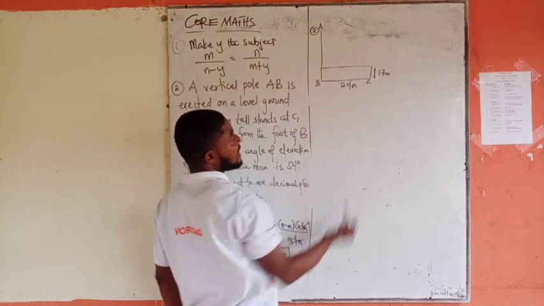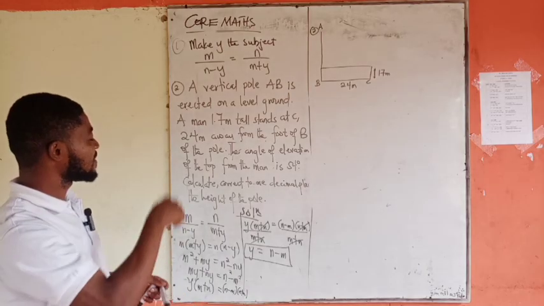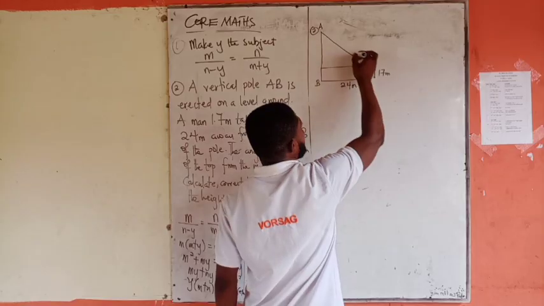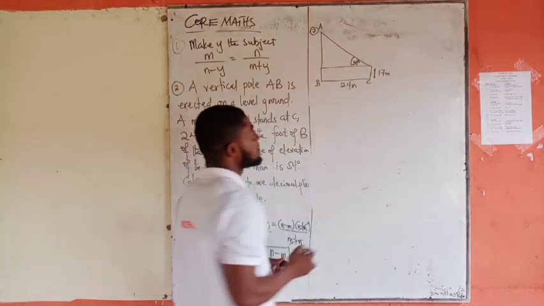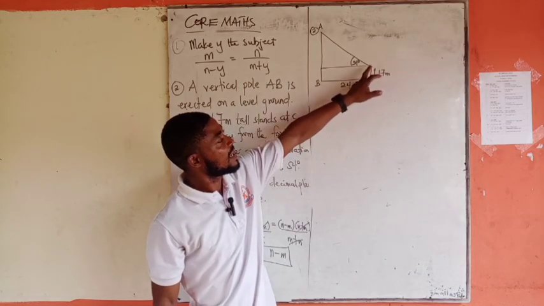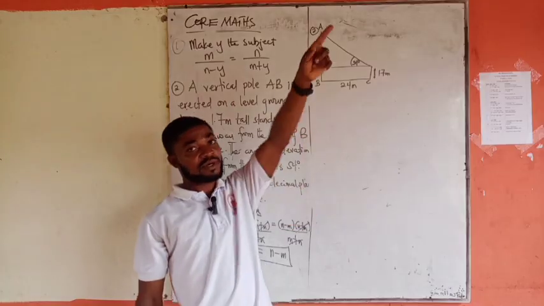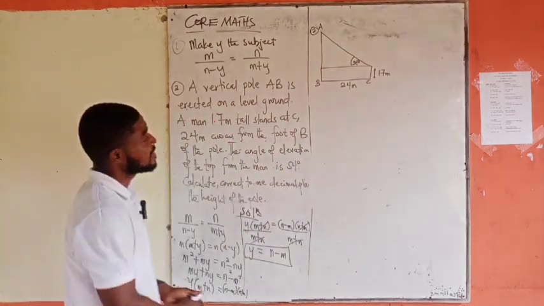Now they said the angle of elevation of the top from the man is 54 degrees. So it means the man, because he's 1.7, his leg is here, his head is here, he looks up at 54 degrees, and then he's able to spot the top of the pole. That is the meaning of this particular one.